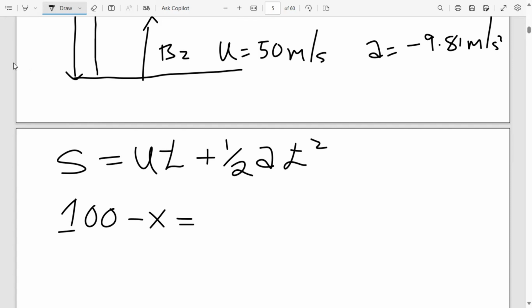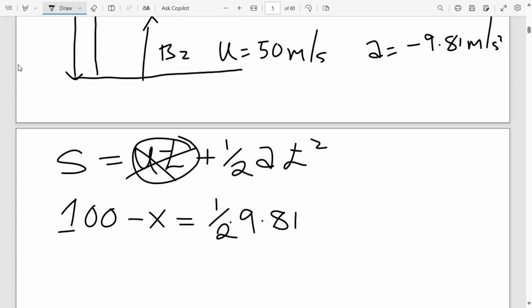This is equal to the initial velocity of ball number 1. This ball is being dropped, so the initial velocity is 0, which takes out that part of the equation. We remain with half multiplied by the acceleration, 9.81, multiplied by t squared.